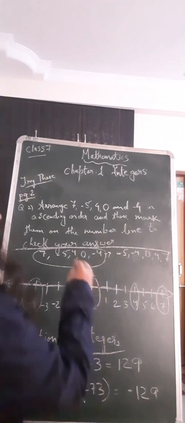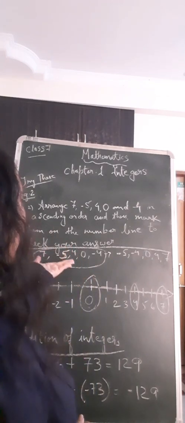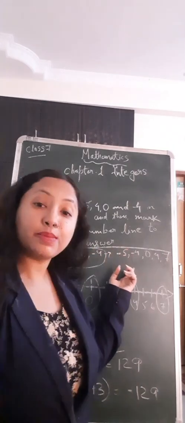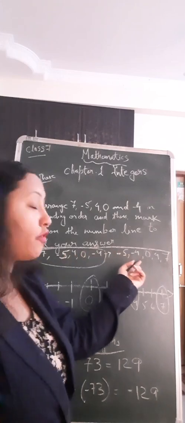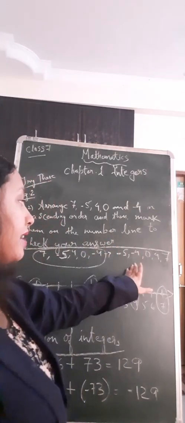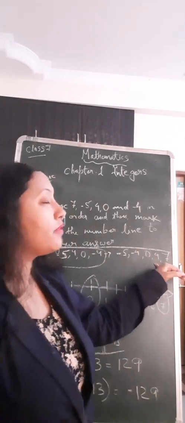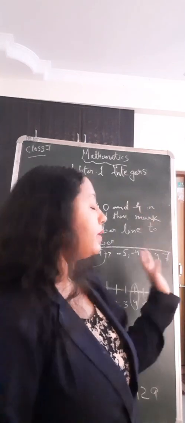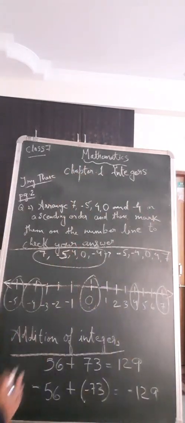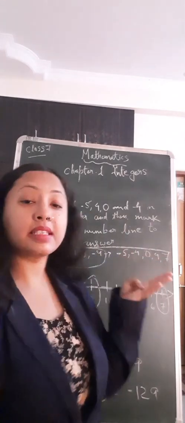So the smallest value will be your minus 5, because in minus numbers children, as the value gets bigger, it becomes smaller, and the next greater than minus 5 we will have minus 4, and then greater than minus 4 we will have 0, and then greater than 0 we will have 4, positive 4, and then the greatest number will be our 7. Now they have asked to draw the number line and plot the points and check if this answer is correct or not.